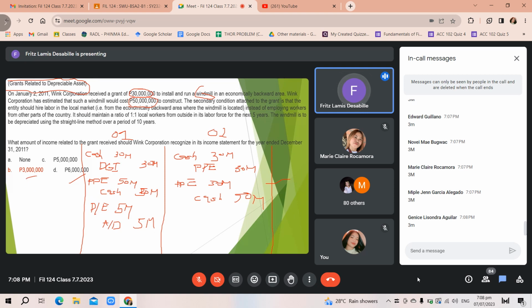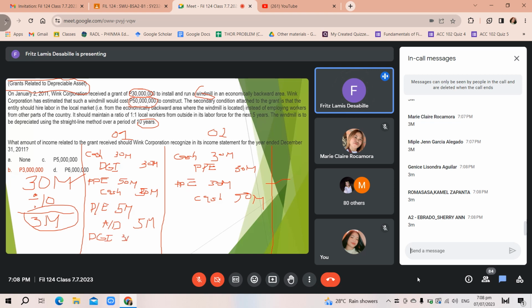So the total grant income to be recognized is 30 million. We divide this 30 million over 10 years: 30 million divided by 10, we will be recognizing income of 3 million every year. So in our entry, we reduce deferred grant income by 3 million and recognize grant income of 3 million.